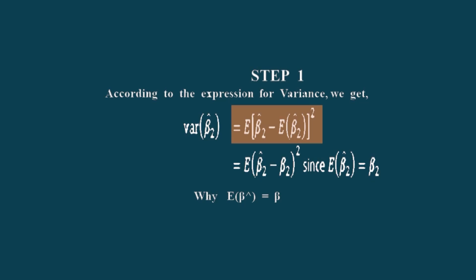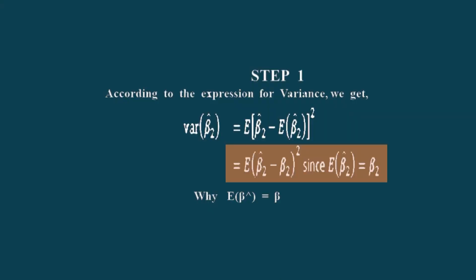So the variance of beta 2 hat is equal to the expectation of beta 2 hat minus the expectation of beta 2 hat, whole square. This expectation of beta 2 hat is related to the mean that we computed when we did the unbiasedness property. So from there we can see that the expectation of beta 2 hat is beta 2.